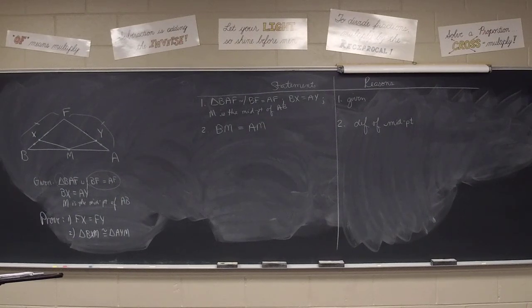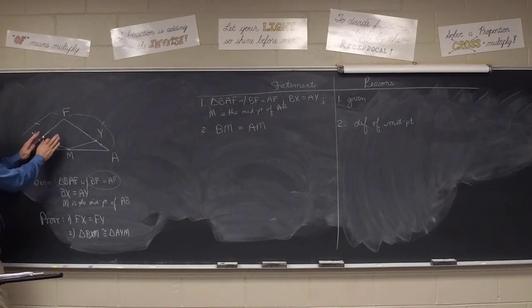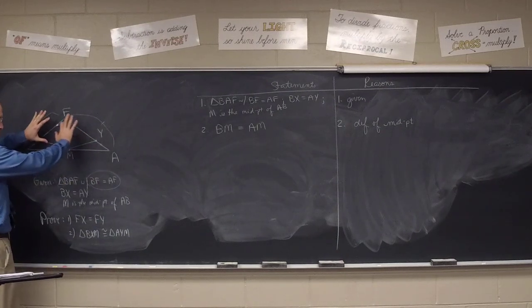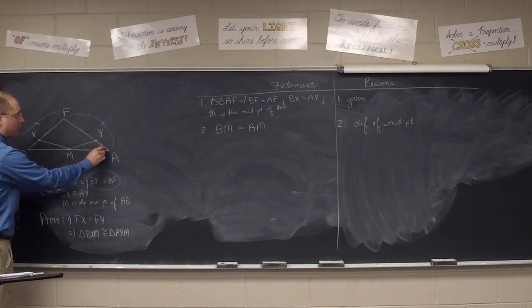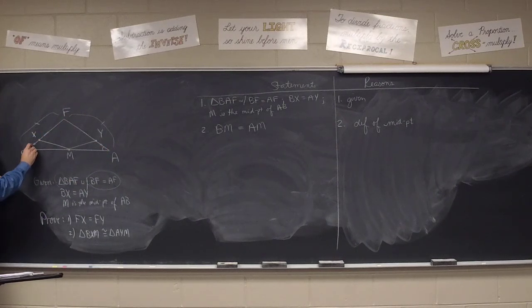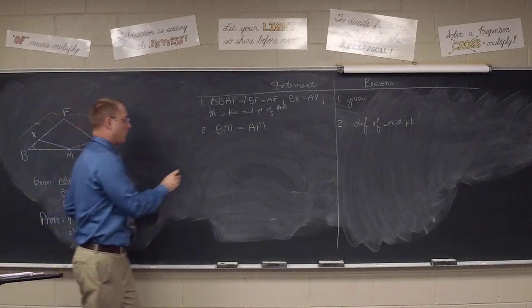Equals opposite of equal sides. Yeah, in a triangle, angles opposite equal sides are equal. Now again, this is in the big triangle, so we have to tune out the noise going on in the middle here. What angles, back to Brandon, have to be equal? Yeah, angle A is across from BF, and angle B is across from AF. So those two angles are equal.